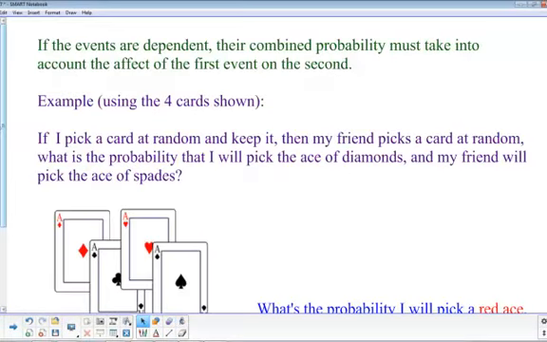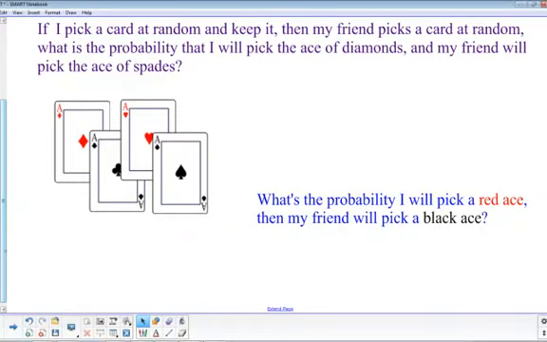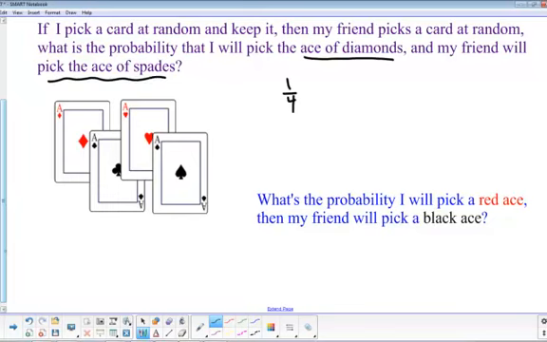So now we have 4 cards. What's the probability that you will pick the ace of diamonds? That would be 1/4. And that your friend will pick the ace of spades. Well, the question is, there are actually 2 different probabilities. Are you putting the card back, replacing the card, or are you holding the card and your friend then picks a card?